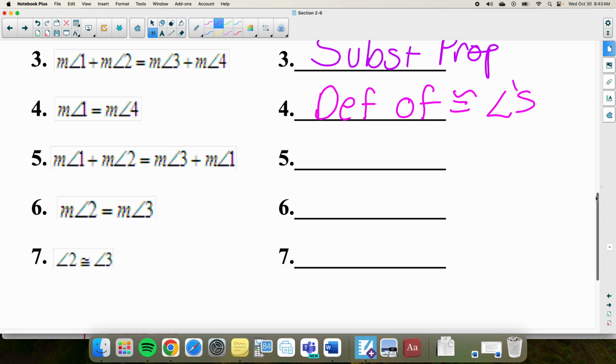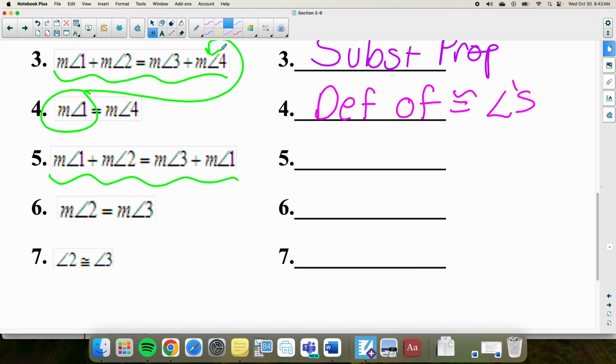Now we have to figure out what they did from this step to this step. Does anyone see what's different there? Yeah, what did they substitute? Yep, they picked this 4 out and they put measure of angle 1 in there, okay?